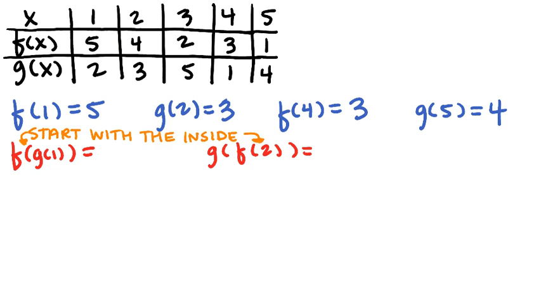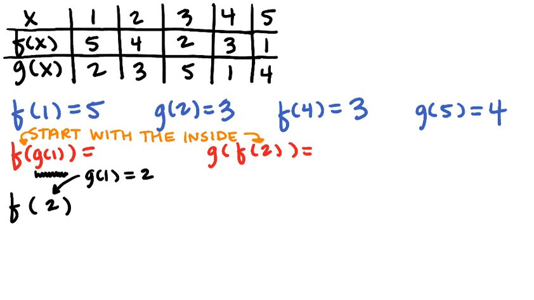So if I'm trying to take f of g of 1, I need to know what g of 1 is first. That's going to be the first step. So I will start off looking at g of 1, and g of 1 is equal to 2. So this is f of 2, because g of 1 equals 2.